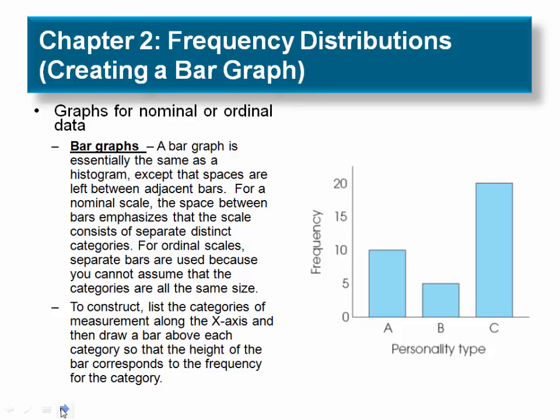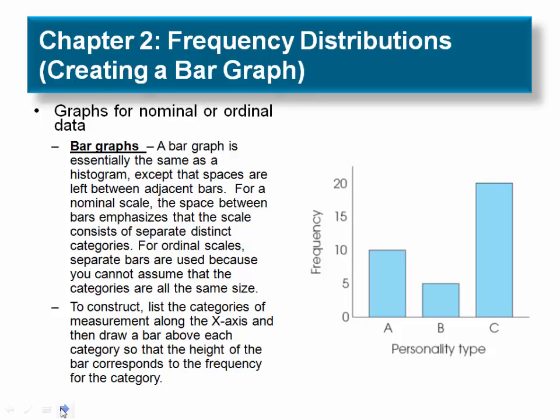If the measurement scale you used to collect your data was not based on an interval or ratio scale, but rather a nominal or ordinal scale, the appearance of the graph you create will be different. On the slide, a bar graph showing the distribution of personality types in a sample of college students is shown.